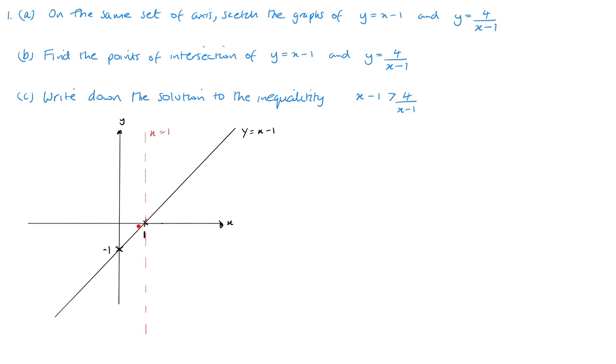Now what's happening to the left of my 1? So let's look at what happens when x equals 0. When x is 0, y is 4 over minus 1, so minus 4. So it's going to cross somewhere like down here. And if I'm going this way, if I put in a half, we've got a half minus 1, so minus a half, which will be minus 8, so it'll be lower.